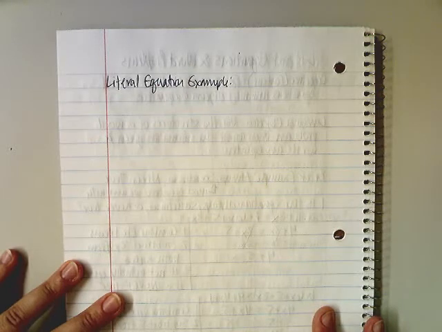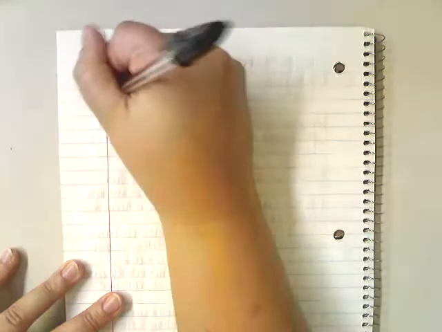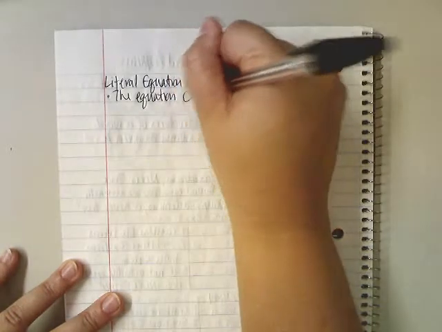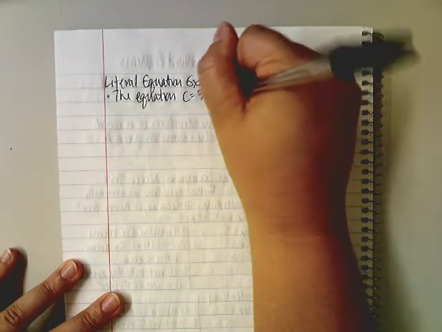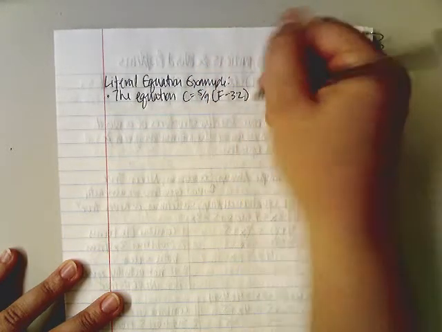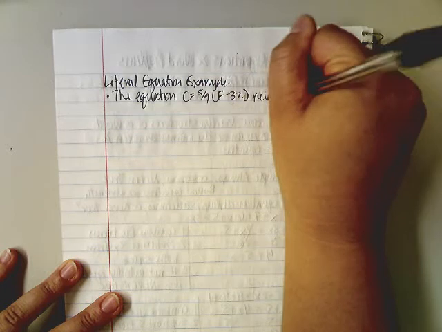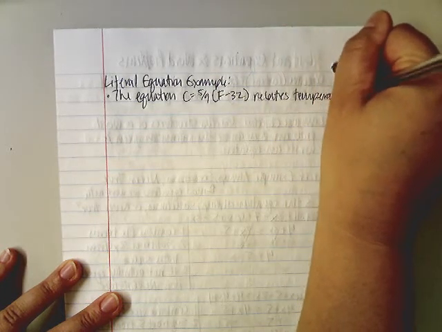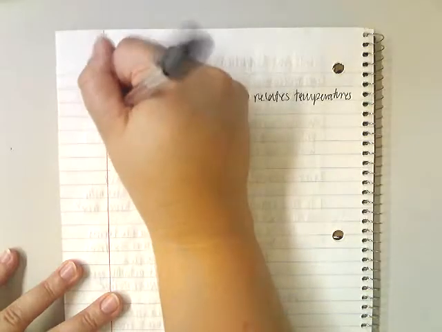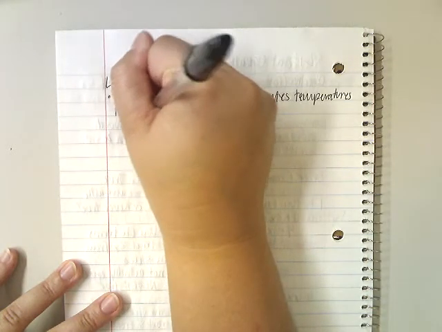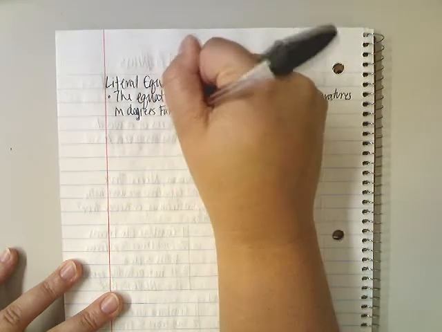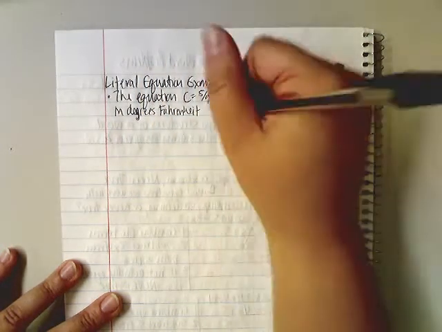Our literal equation is C equals 5 over 9, open parentheses, F minus 32, which relates temperatures in degrees Fahrenheit and degrees in Celsius.